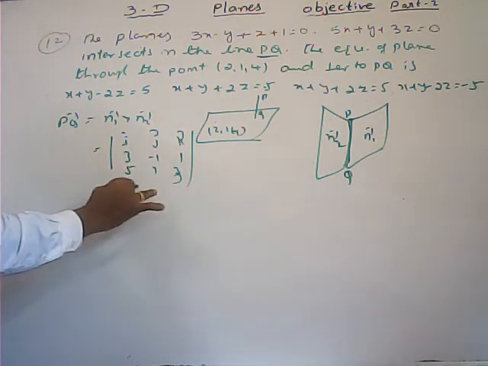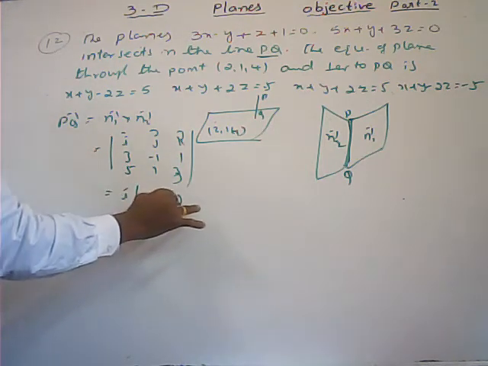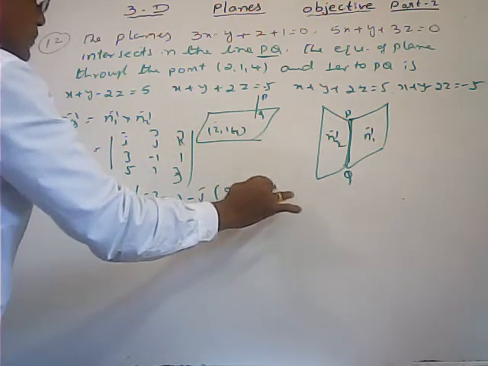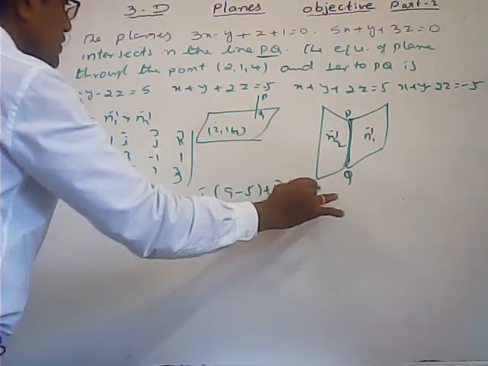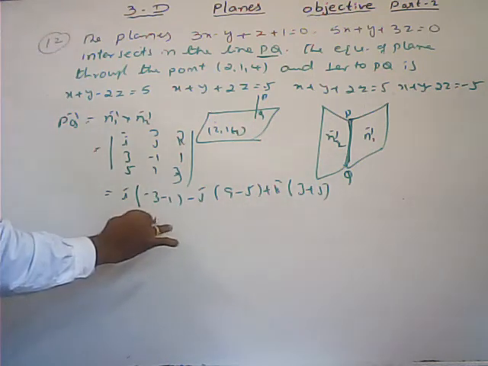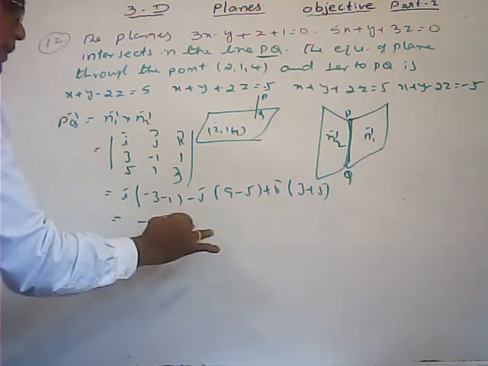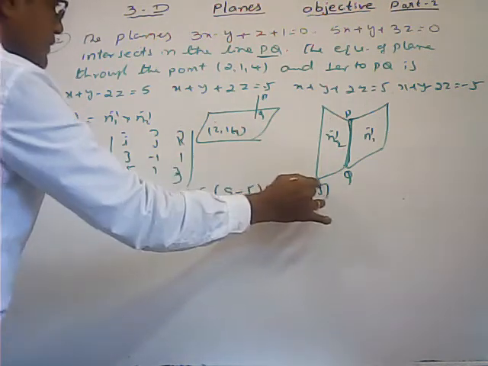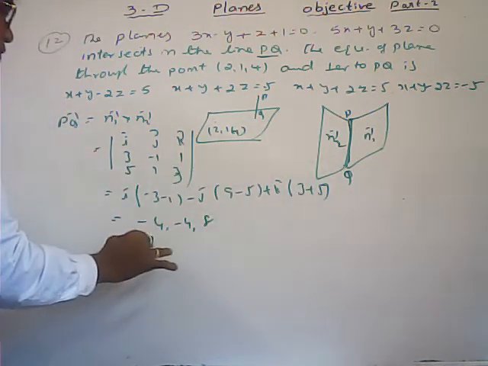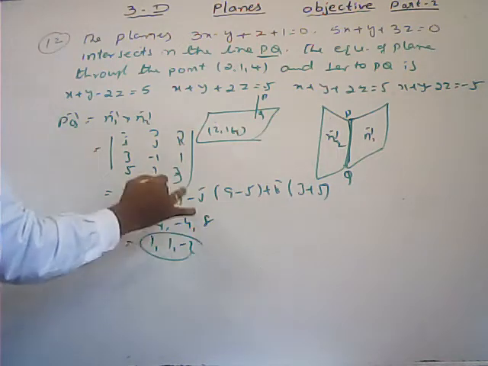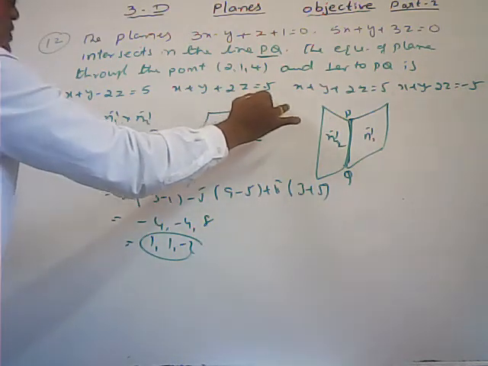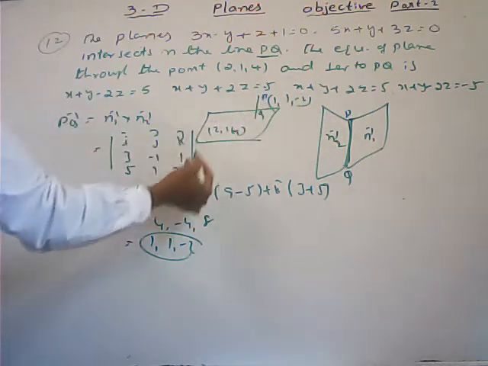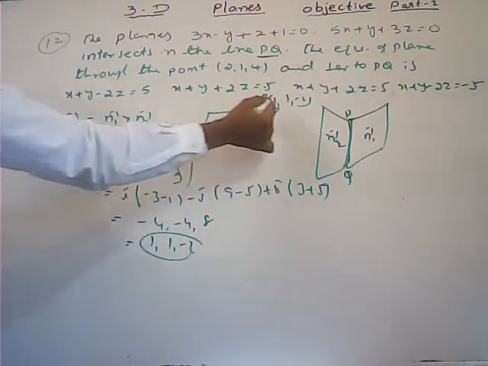That equals i cap into minus 3 minus 1, minus j cap into 9 minus 5, plus k cap into 3 plus 5. So minus 4, 4, and 8. Dividing by 4, we get 1, 1, minus 2. These are the direction ratios of the normal of this plane.